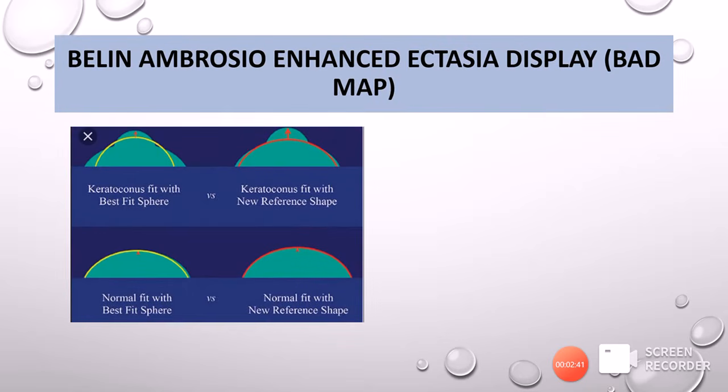Now this is what brings us to the Belin Ambrosio Enhanced Ectasia Display, which is also called the BAD display or BAD map, a very important feature of the Pentacam, in which the best fit sphere is converted to the new reference shape, the enhanced best fit sphere.